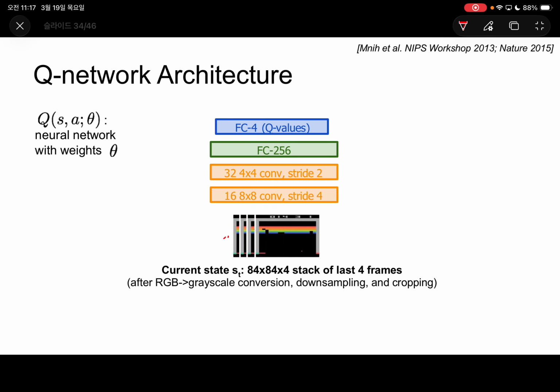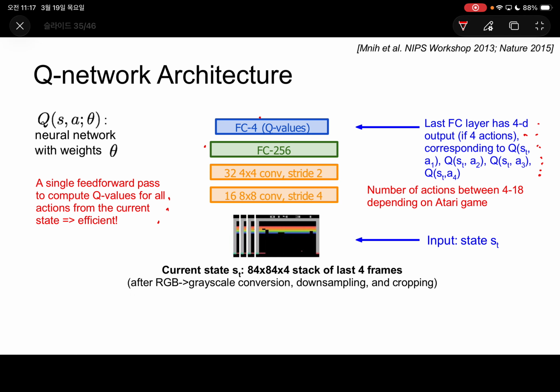But actually the number of actions is already predefined and constant, so we do not need to pass the action to the network. We can just let the network predict the Q value function for all possible actions, right? That is also possible. It depends on your network design.